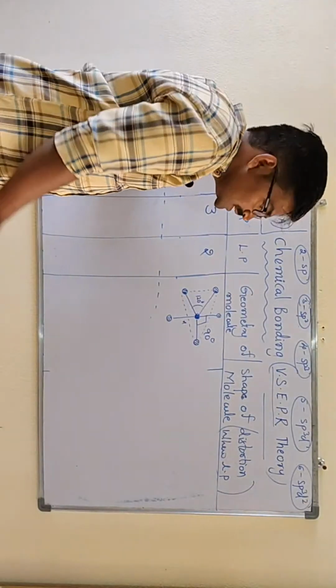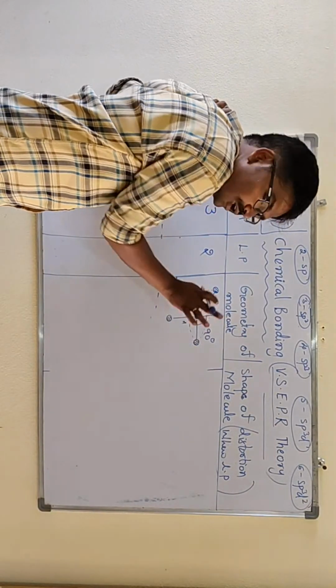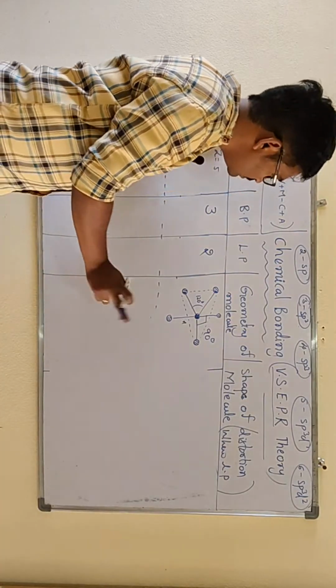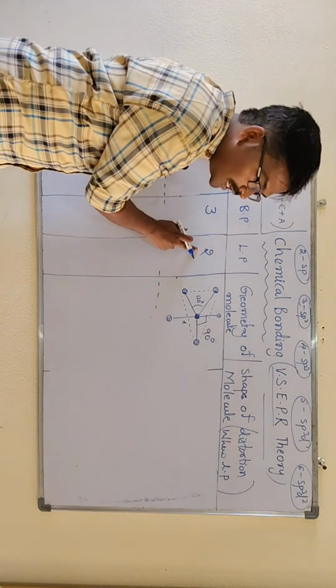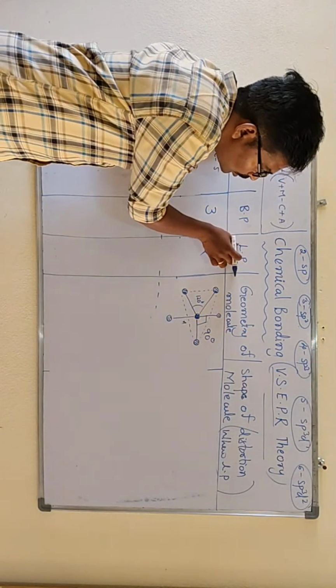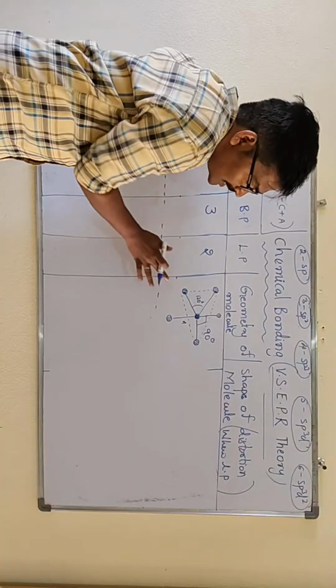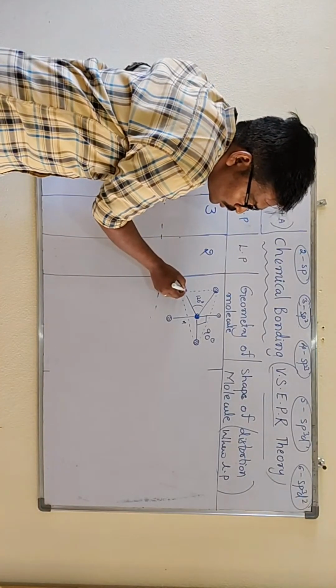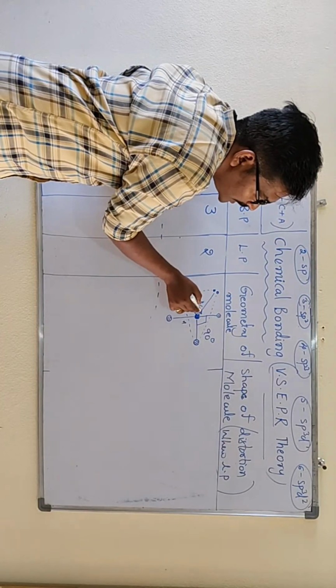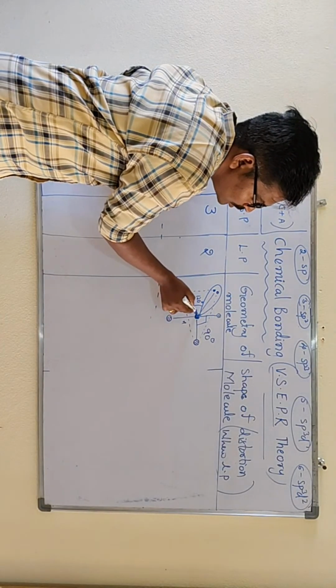So I told you that equatorial positions are occupied only by the lone pairs of electrons. Previously, when there was only one lone pair, it occupied this position. Now 2 lone pairs are there, right? So at that time, at these positions the lone pairs of electrons are occupied. Remove the atoms, and place the lone pairs.